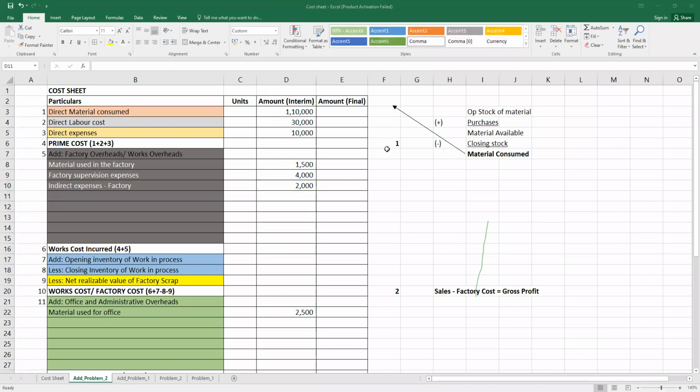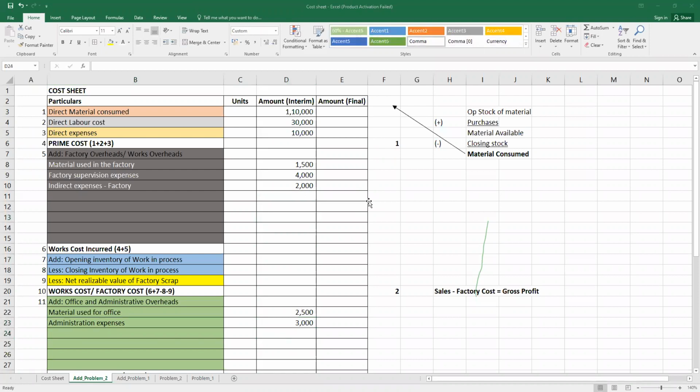Are you done with this? यहाँ तक हो गया बच्चे? Yes. Okay. Then administration expenses 3,000. एडमिनिस्ट्रेटिव में लिख दीजिएगा administration 3,000.